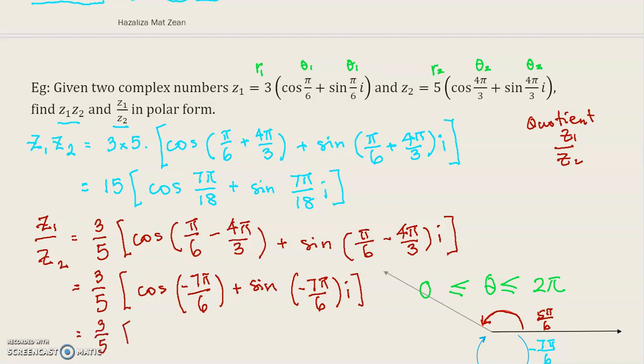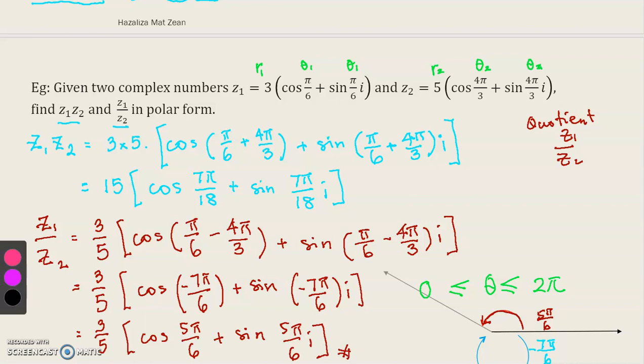Your answer will be cosine 5 pi over 6 plus i sine 5 pi over 6. So this is the quotient, Z1 over Z2, and this is the product, Z1 times Z2.